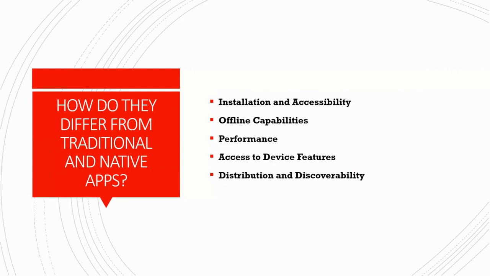So let's tackle the question of how exactly they differ from traditional and native applications. The first point I would like to bring up is installation and accessibility. As I said before, traditional apps are mostly discoverable only through the URL or through your browser.